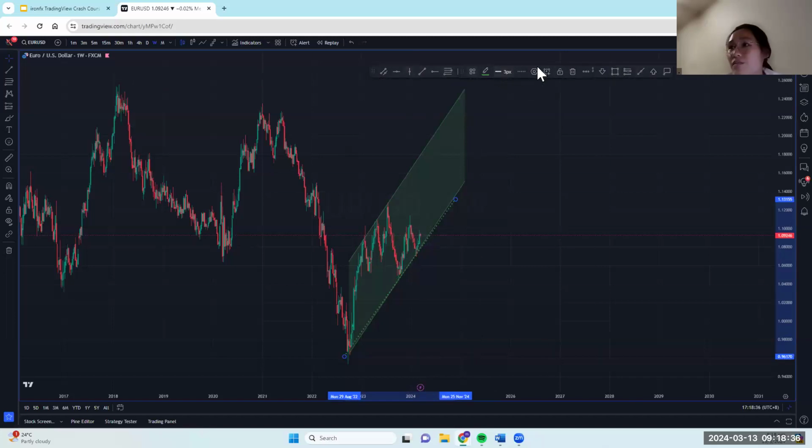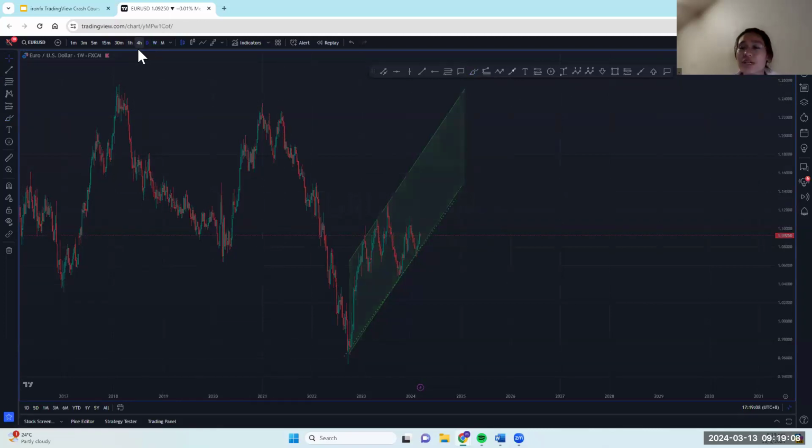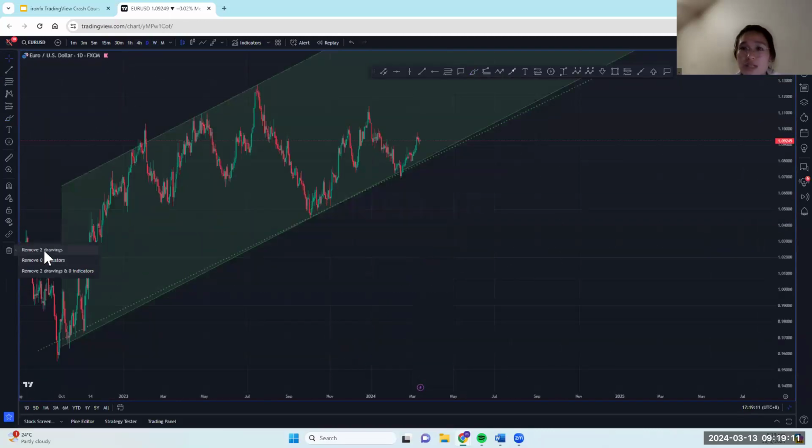Just to recap, at least 3 touches for your trend line, and for our trend channel, you want to make sure you have at least 2 touches on the top and the bottom of our trend channel. In this case, obviously, we have three, but two is enough. So it's moving in an uptrend on our weekly time frame.